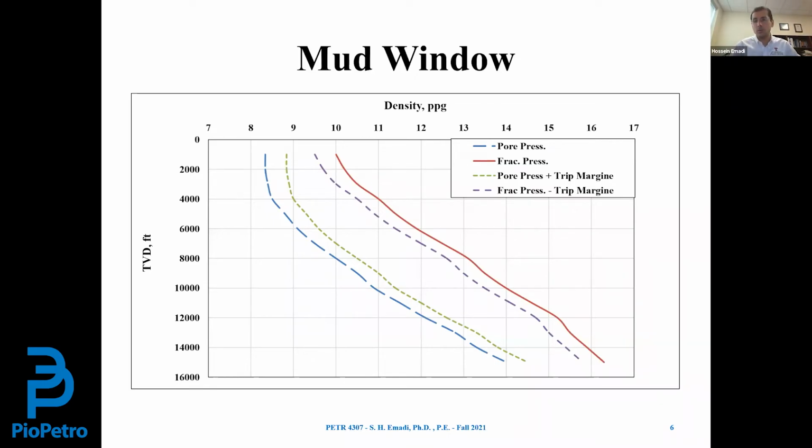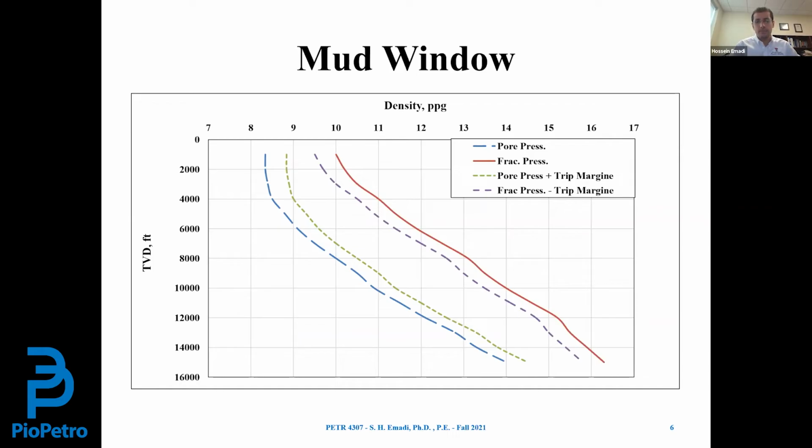To make sure that we're always drilling in the safe region, we need to take into account trip margin, which takes into account the effect of swabbing and surging. The amount of trip margin varies from one company to another. Let's say 0.1 pounds per gallon is a reasonable number to add to pore pressure and subtract from fracture propagation pressure.